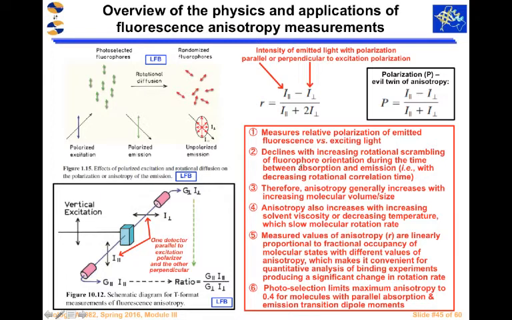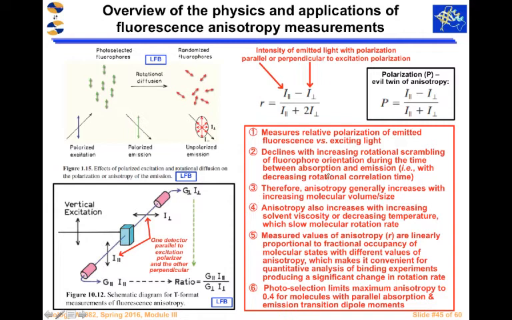Again, rotational correlation time is a quantitative measure of rotational diffusion rate. Long rotational correlation times mean the memory of the orientation is retained for a long period of time. Low rotational correlation time means the memory of the polarization of the orientation is lost much more rapidly, because there is much more rapid reorientation. So long rotational correlation time, slow rotation; low rotational correlation time, fast rotation.